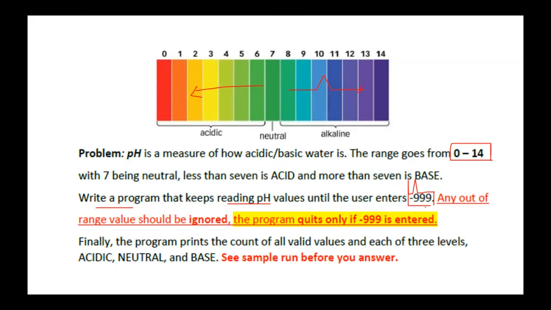If it's valid, you process it. Any out of range value should be ignored. The program only quits if minus 999 is entered. At the end, you need to tell us how many valid values entered, how many acidic, how many neutral, and how many base.